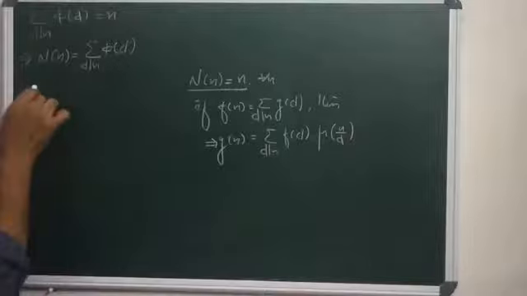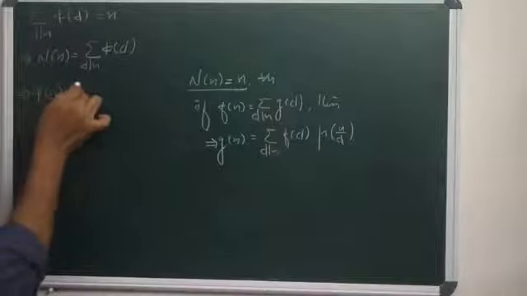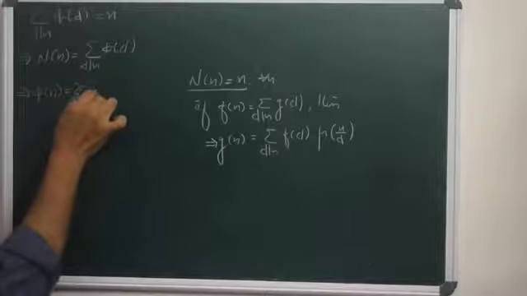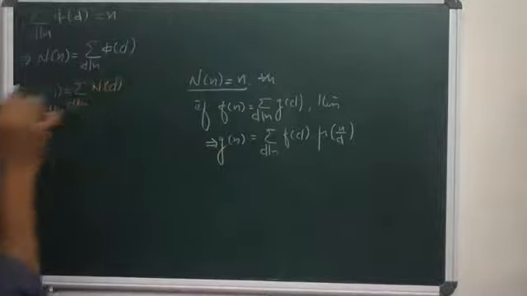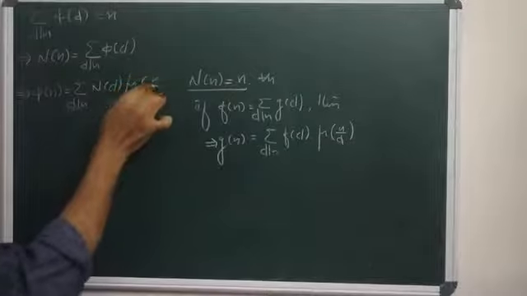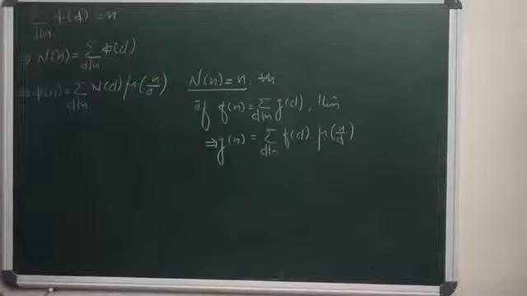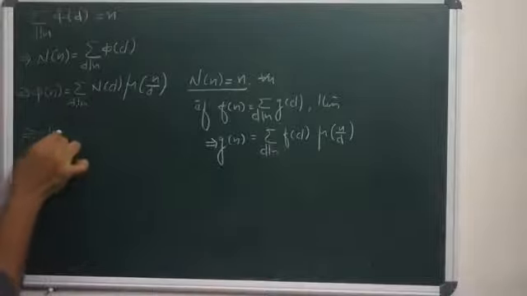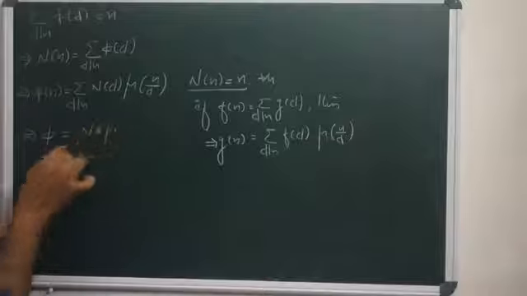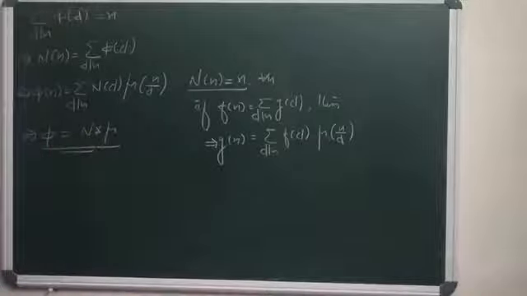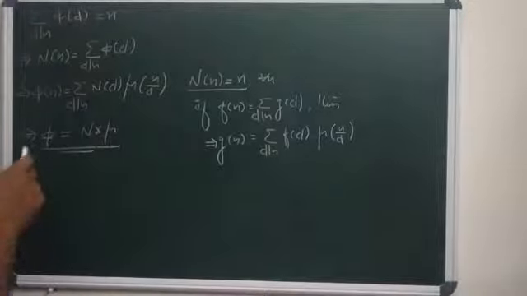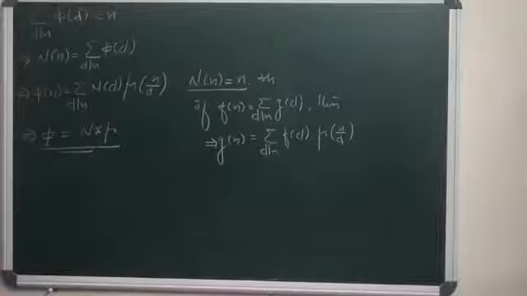So by the Mobius inversion formula, phi of n equals sigma over d divides n N of d into mu of n by d. That means phi equals N star mu. This is another interesting result: phi is the Euler-Totient function, mu is the Mobius function, and N is the arithmetic function defined as N of n equals n. Then phi equals N star mu.